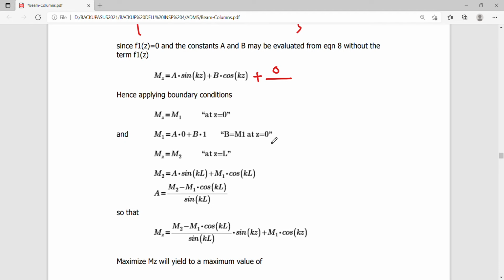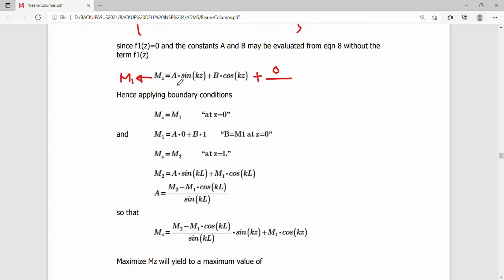So what that means is that if we take a look at the moment, considering this equation here, wherein since there is no transverse load, this is now equated simply to M1.